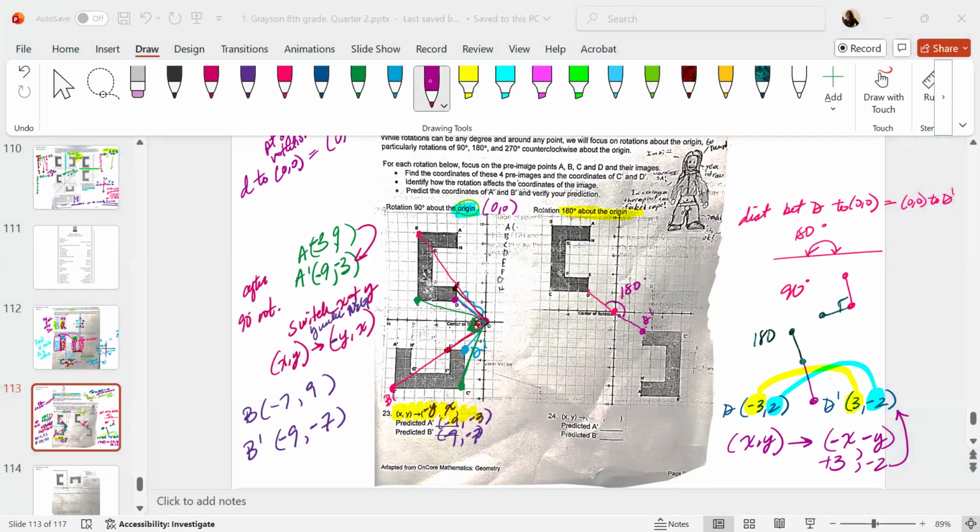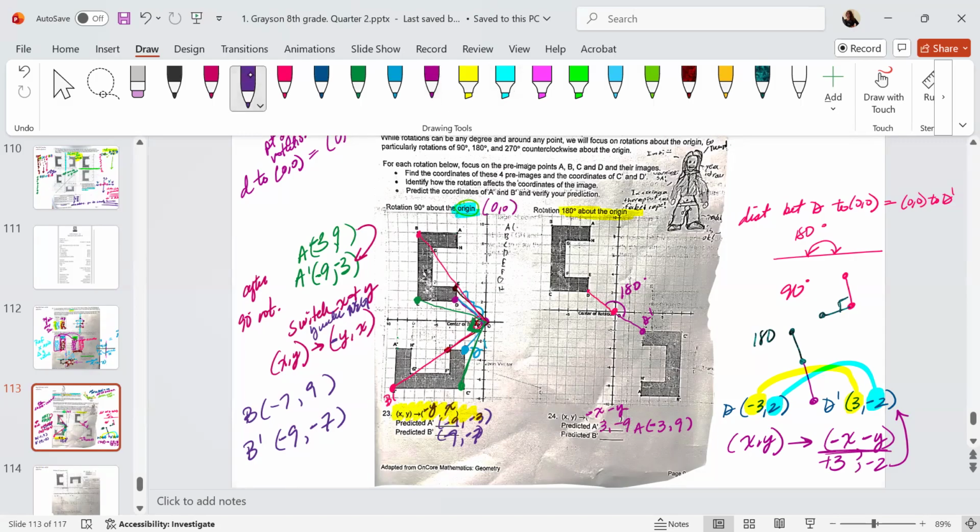Now, if I were to predict A, let's do original A first. What's the corner for original A? -3 and 9. Good. Now, using this formula right here, A prime would be +3 and -9.